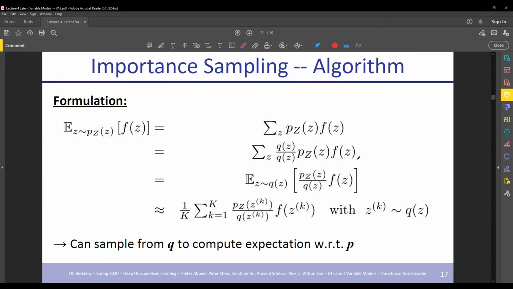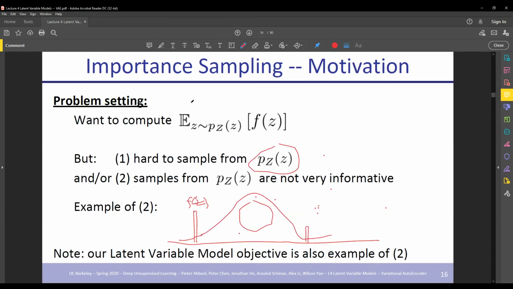What we want to do, as we saw in the previous slide, is compute this guy: the expectation of a function of z with z chosen from a probability distribution, p of z. That's what we are after, and we are after this because this structure is what is inside of the log in the objective that we were trying to optimize.